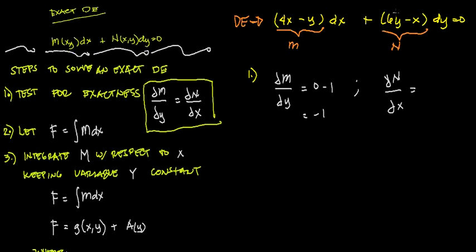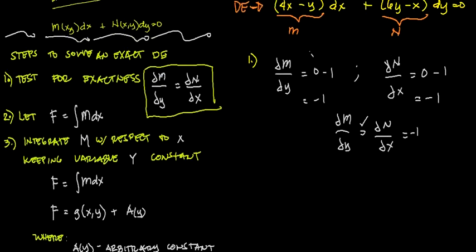The derivative of 6y is just 0, then the derivative of negative x is negative 1. So we can see that the partial derivative of M with respect to y is equal to the partial derivative of N with respect to x. They are both negative 1.